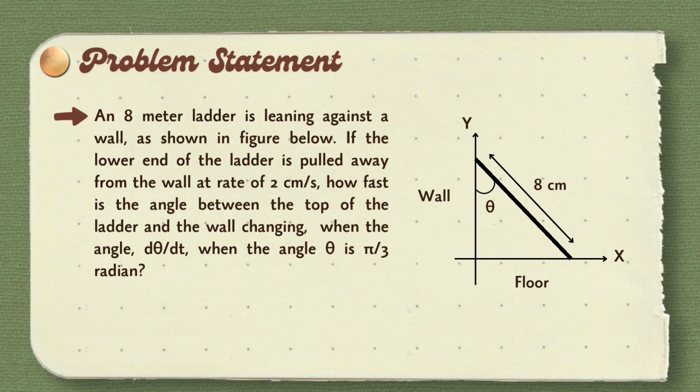We move to the problem statement. So first, an 8-meter ladder is leaning against a wall.